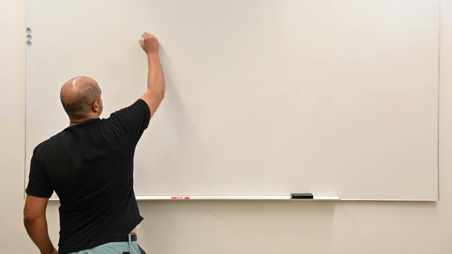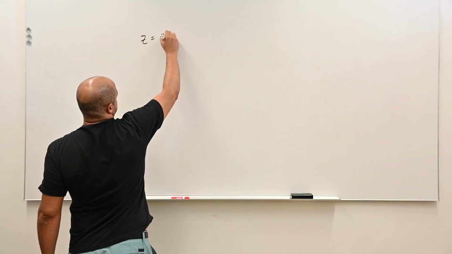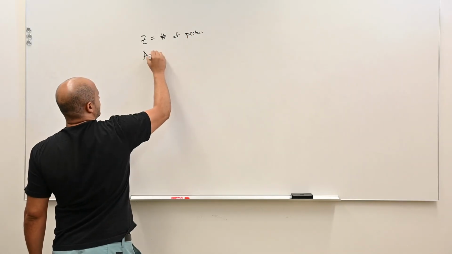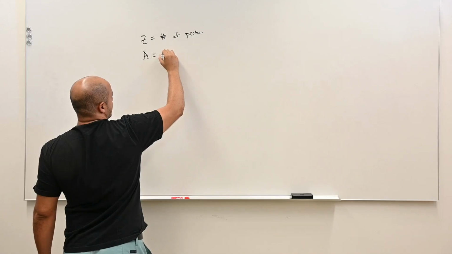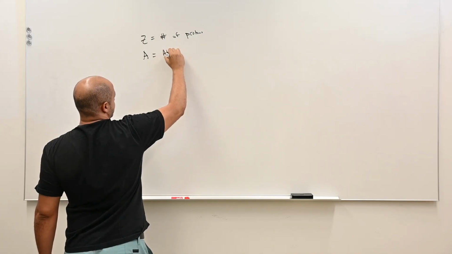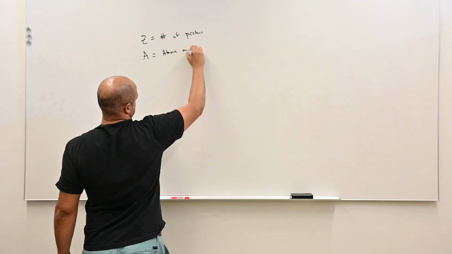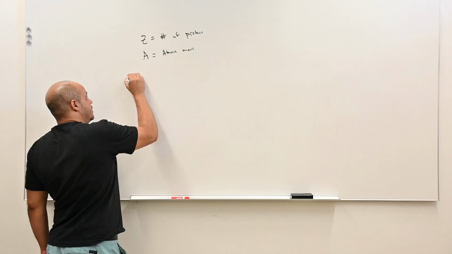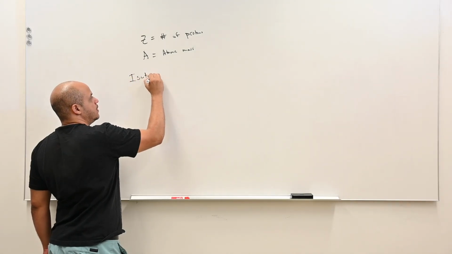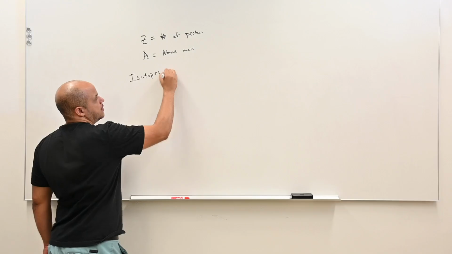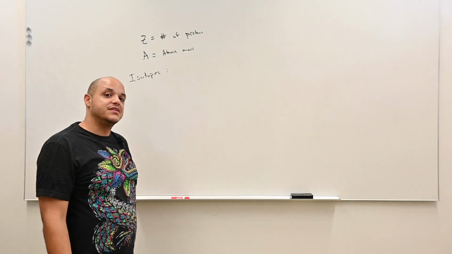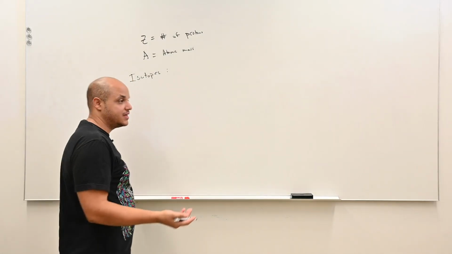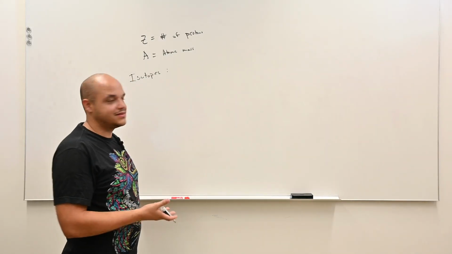So Z refers to the number of protons. A refers to the atomic mass. Isotopes are variations of elements in the periodic table, but with extra or fewer neutrons.